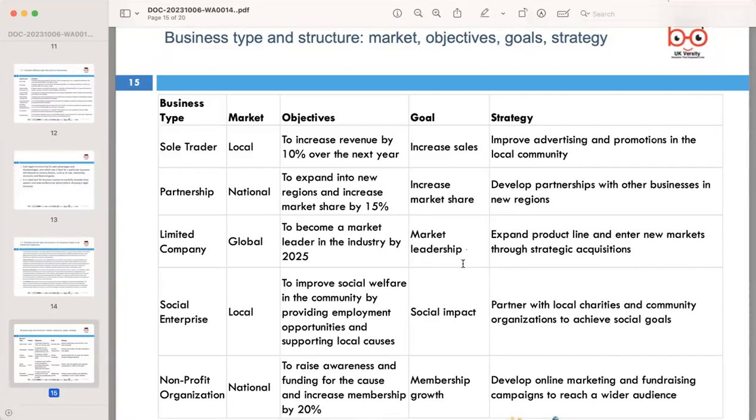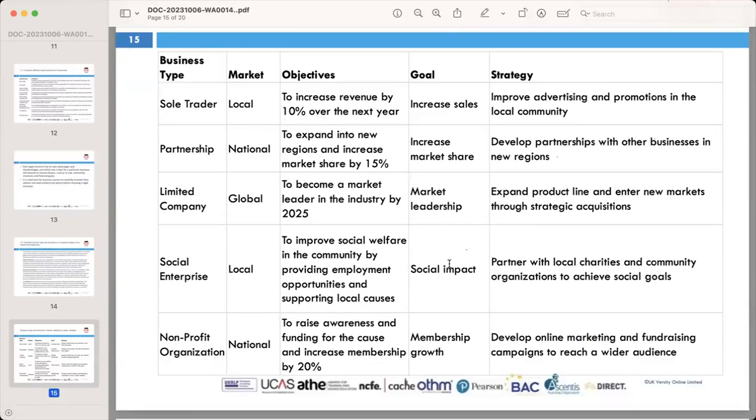Profit generation is secondary to their mission. So for non-profit organizations, the objectives are to raise awareness and funding for the cause and increase membership by 20%. The strategy is membership growth: develop online marketing and fundraising campaigns to reach a wider audience.